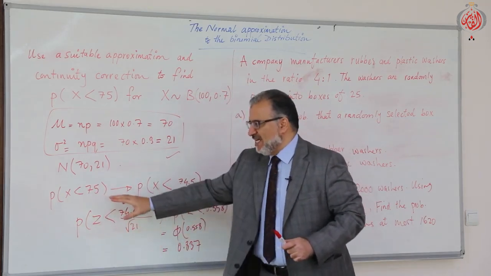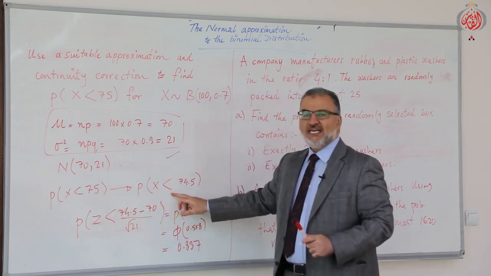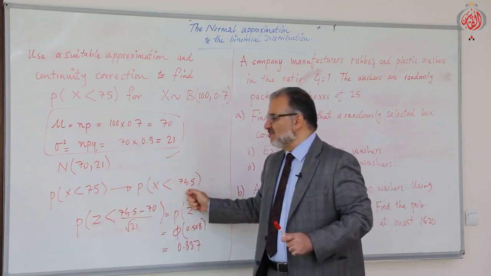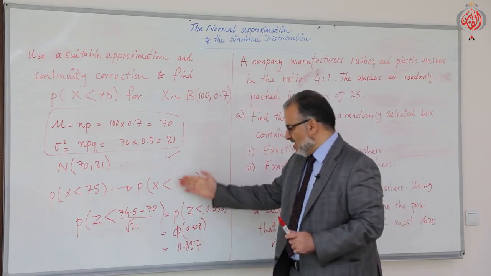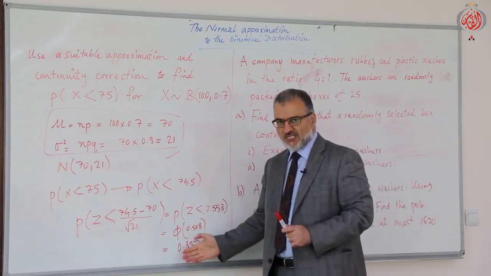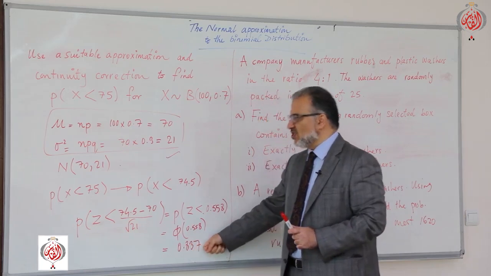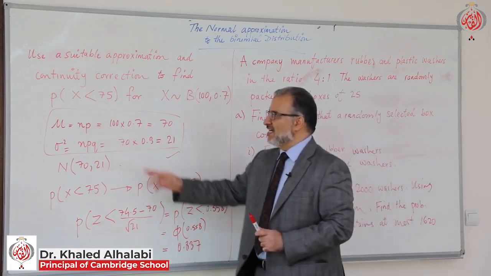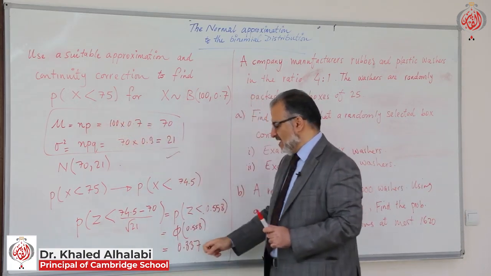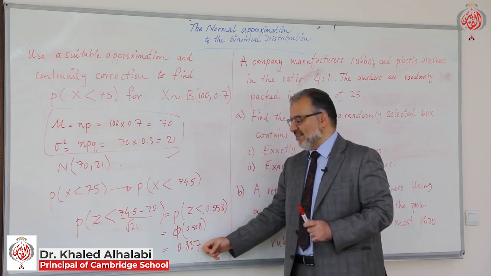So here I explained that this one should be less than 74.5. Then, through the standardization process, you can find the answer. So the probability that x less than 75 is nothing but 0.837.